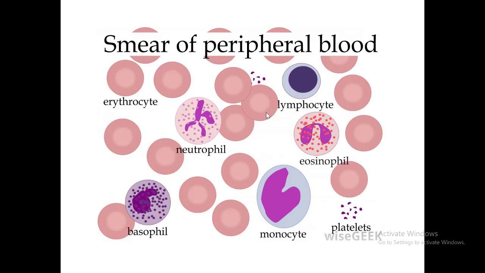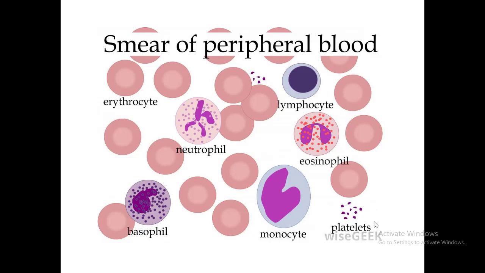The red blood cells are cells without a nucleus. They are anucleated and packed with one eosinophilic protein. We call it hemoglobin. Also, we have platelets inside blood.